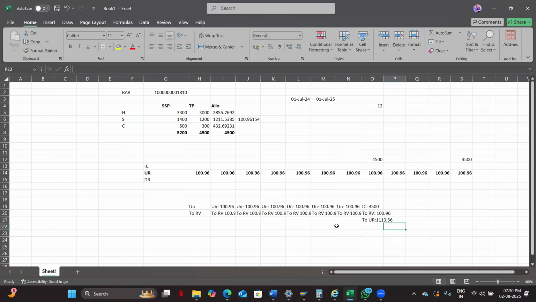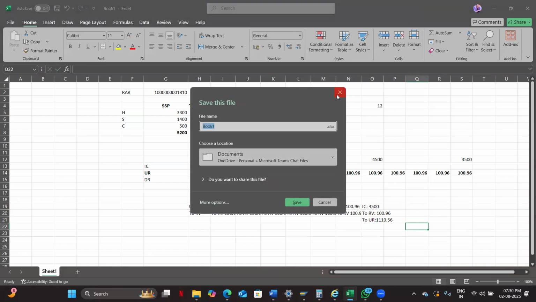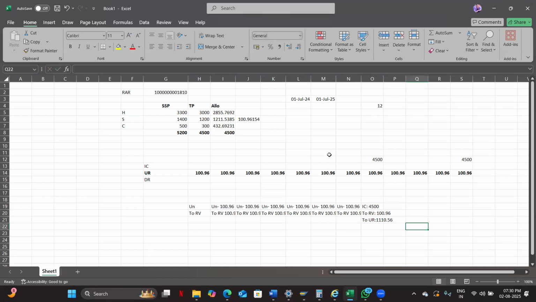If you do 4500 divided by 12, or 1211 divided by 12, that 100.96 will come. Yes, 12 months.